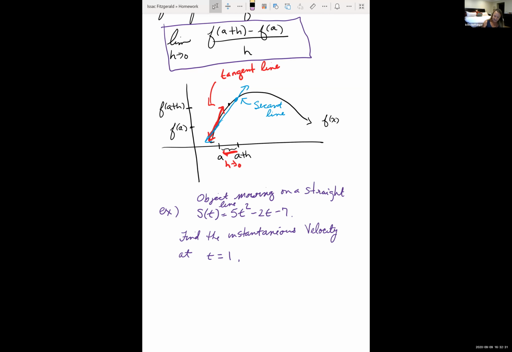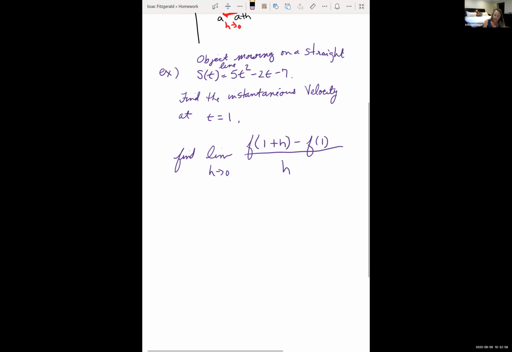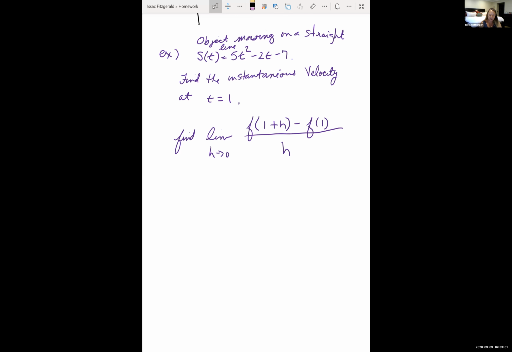So we need to find the limit as h is approaching 0 of f of, instead of a, we know we want to do it when t is 1, so 1 plus h, minus f of 1, all over h. Oops, I'm sorry, I just told you that my function was not called f, it's called s. So technically it should be written like this.